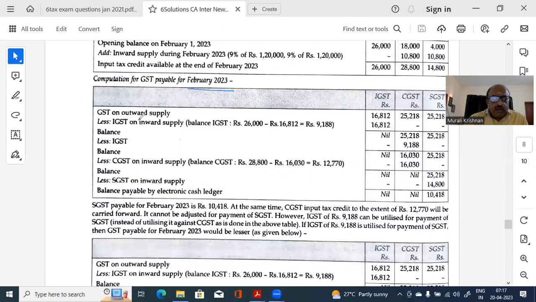For February, output liability, as we saw, 16,000, 25,000, this. Now, first from here you are reducing, right? There is an output liability. So first, let me keep that in mind, otherwise you will not understand this.